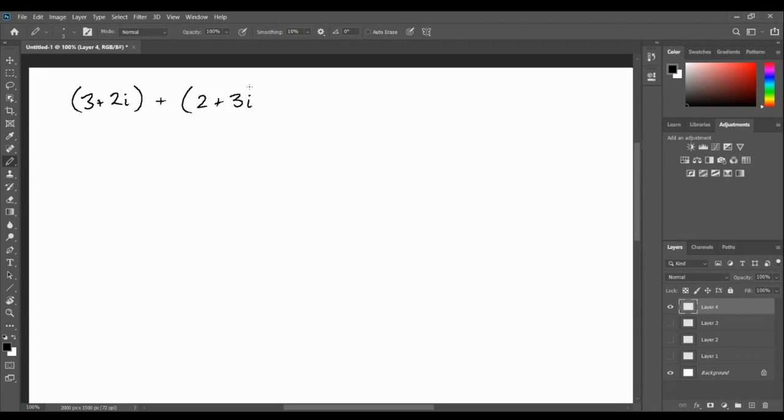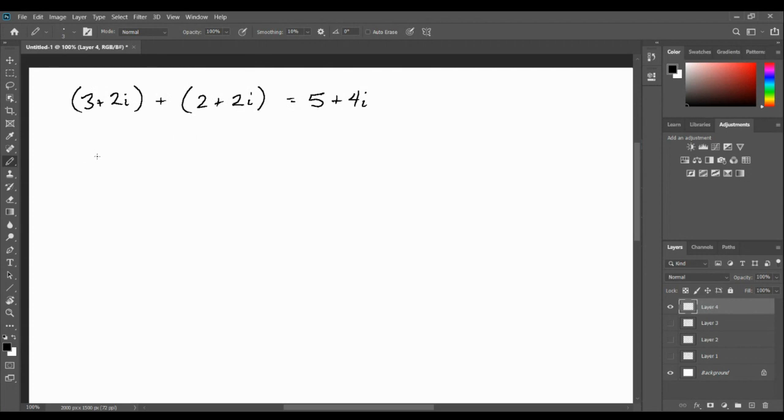I should do a 2i here so it stands out better. So we add the real portion, 3 plus 2 is 5. And then you add the imaginary portion, 2i plus 2i is 4i. And if this had been a negative 2i, then the imaginaries would have disappeared and so on. So that should just be some review.